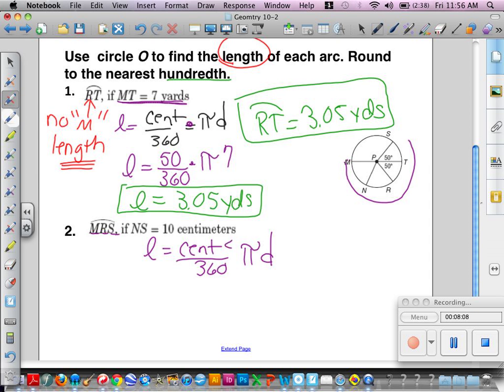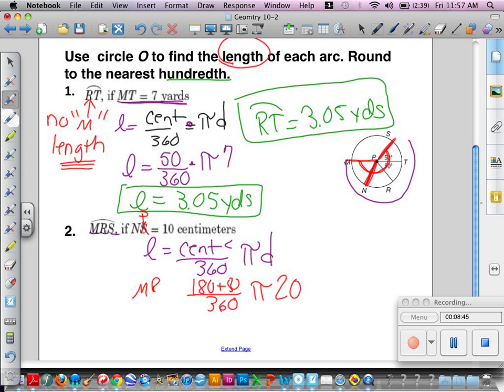So I need to find this whole angle right here. So I've got my 180 and my 50, all over 360 pi. I need the diameter, and oh yeah, error here on that. That's a p. Sorry about that, guys. And p equals 10. So this is 10. I need my diameter, so I need to double that, and I'm going to use 20.